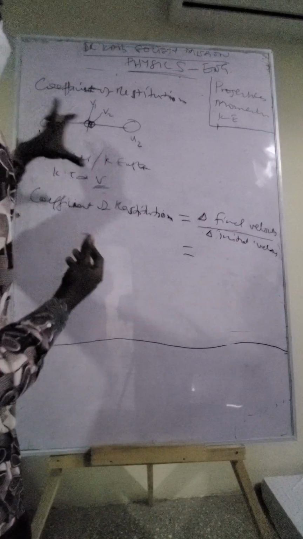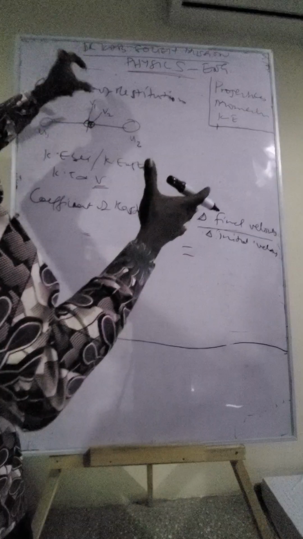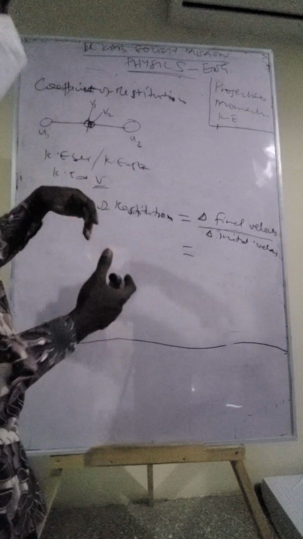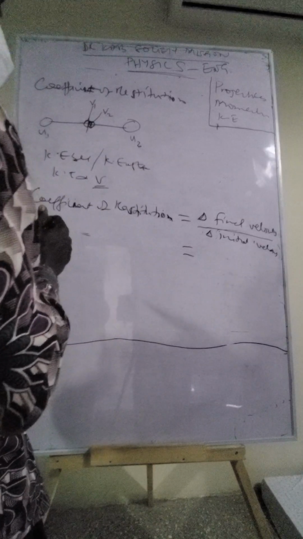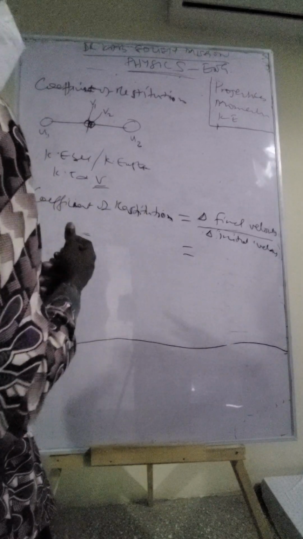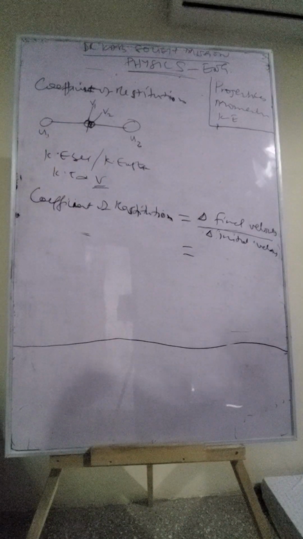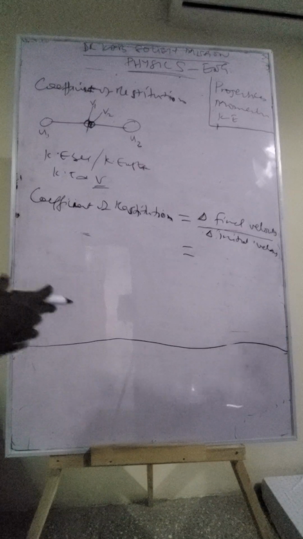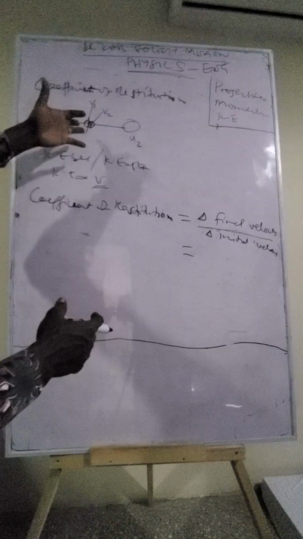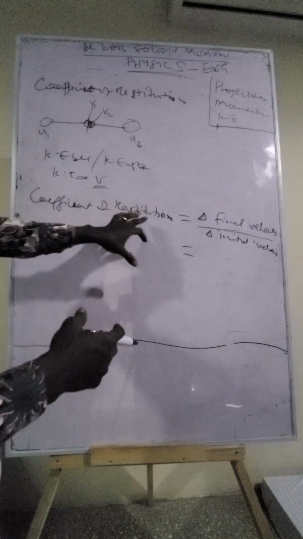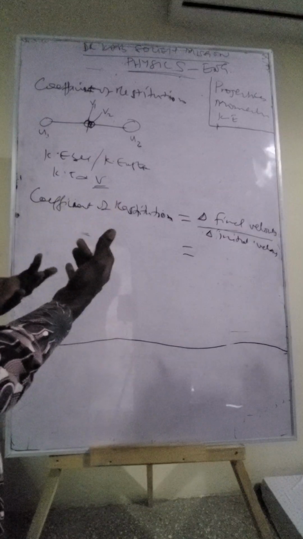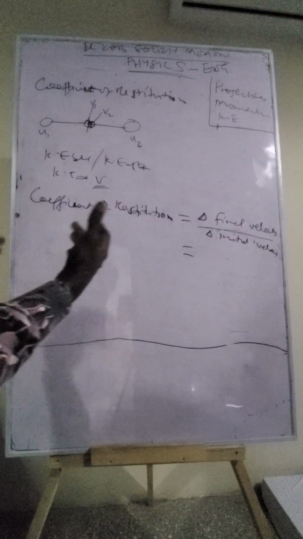But if the energy is reduced, and the velocity they are moving with at the end of collision is less than what they started with, then there has been some loss of kinetic energy, and of course that will mean it is not an elastic kind of collision. So we can use the coefficient of restitution to give us an idea as to whether it is elastic or inelastic.